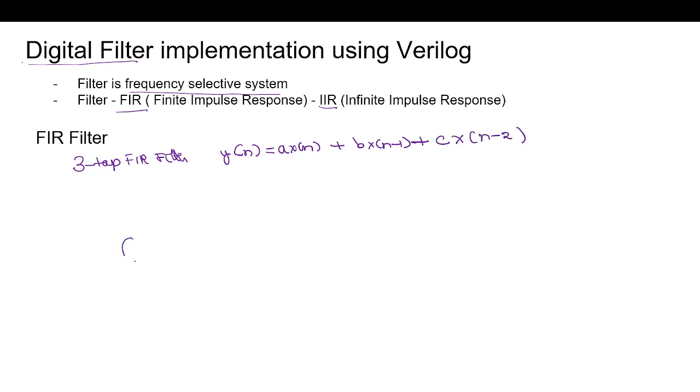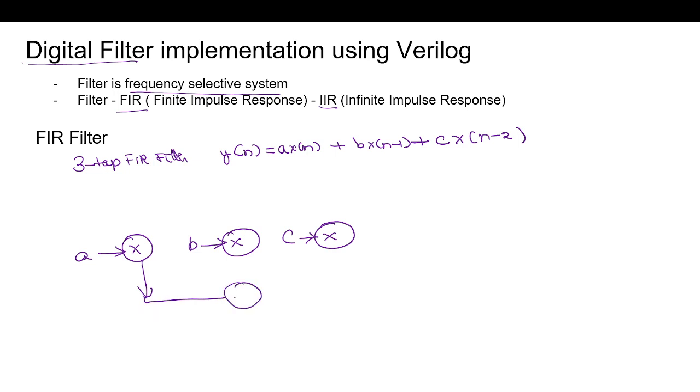So these are the tap values. I have to multiply with a, with b, with c. And then this result we have to add, and this will be the final y of n.